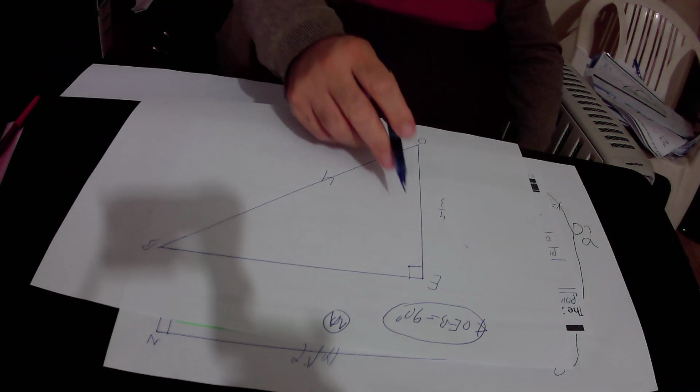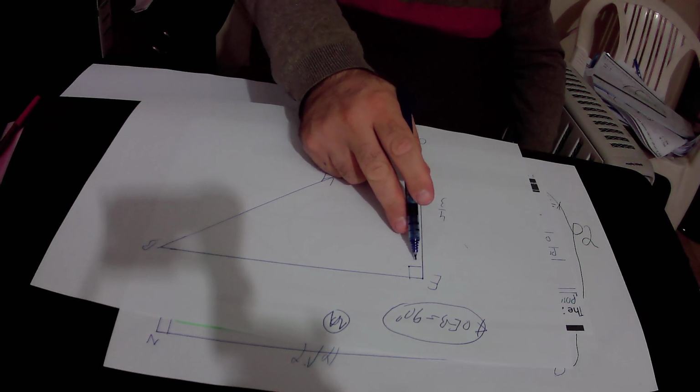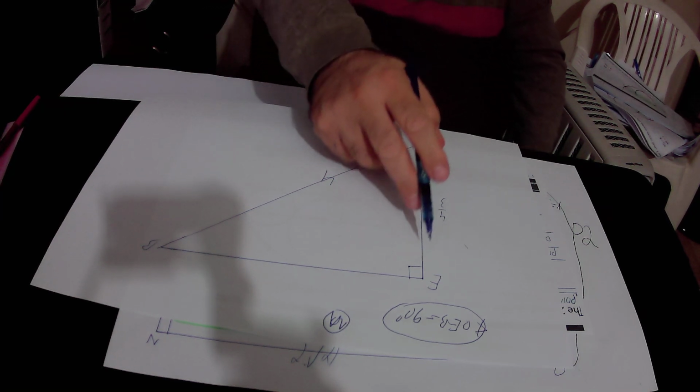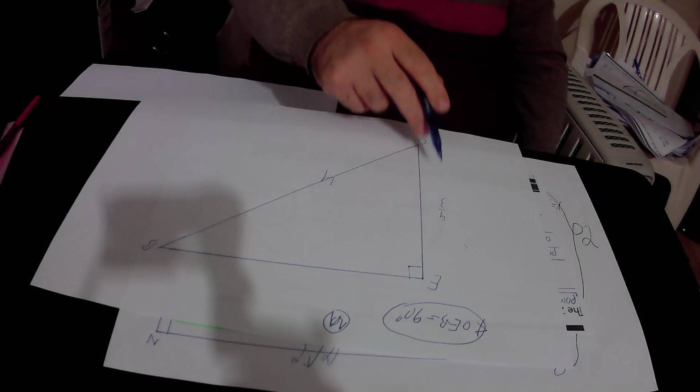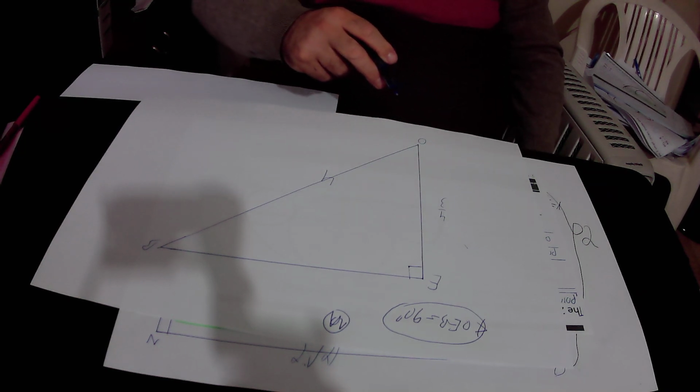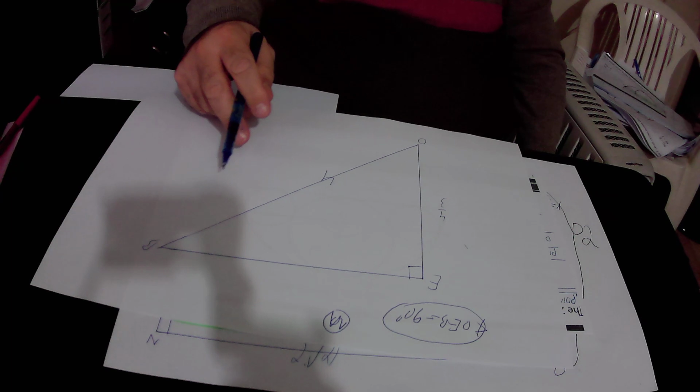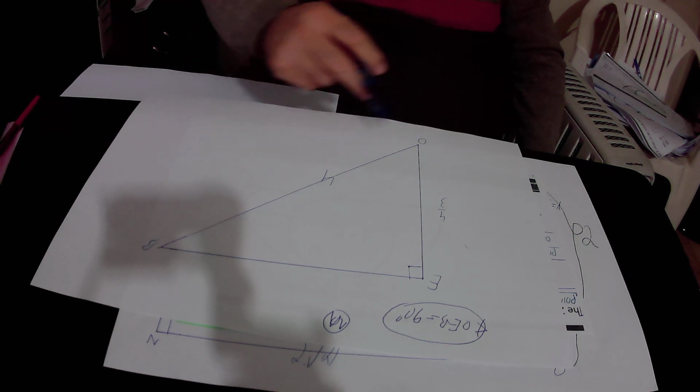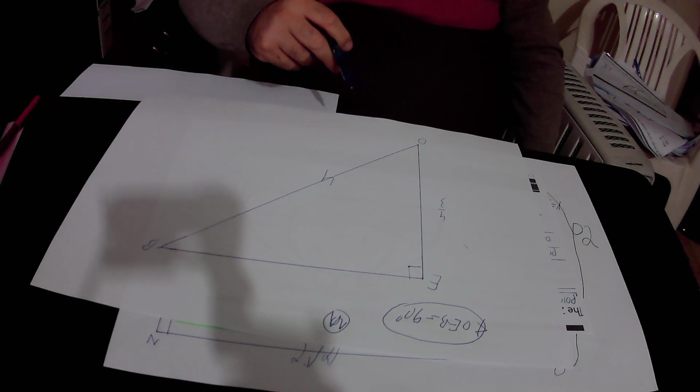So we found out that angle OEB is a right angle, it equals 90 degrees. We have already found out that side OE equals 4 over 3 units, and OB is the radius of the semicircle, therefore it equals 4 units.